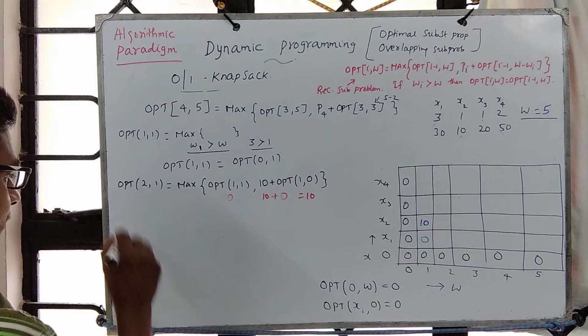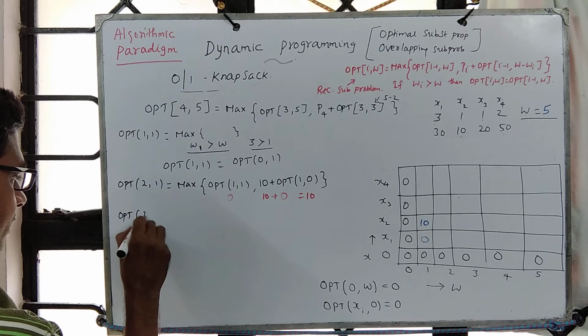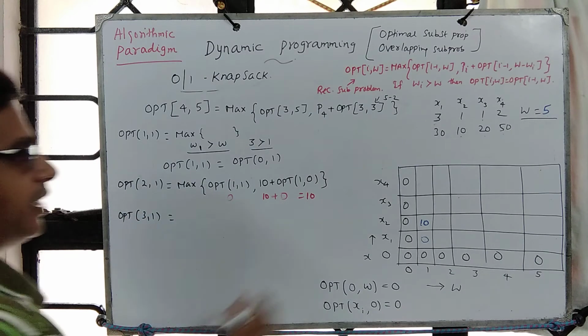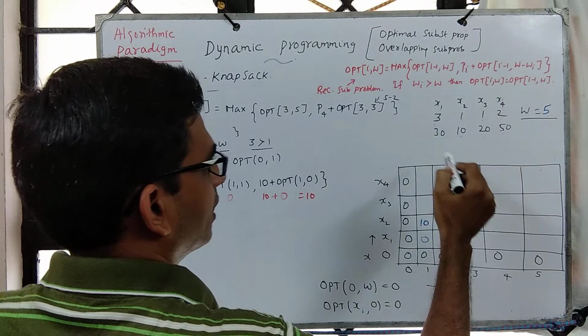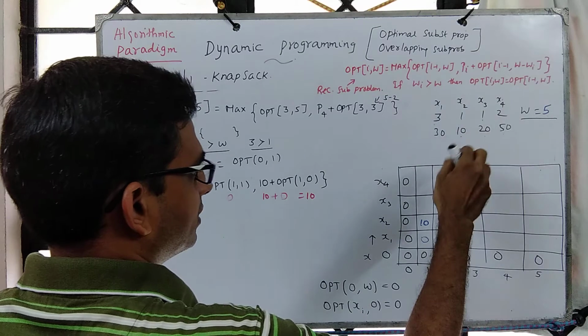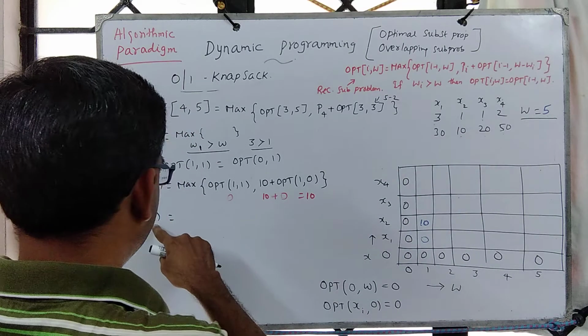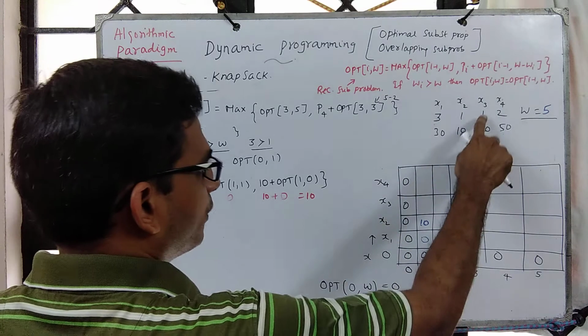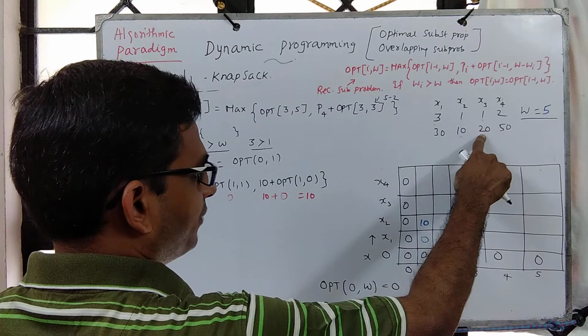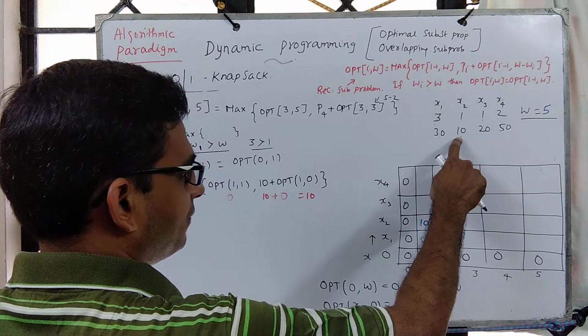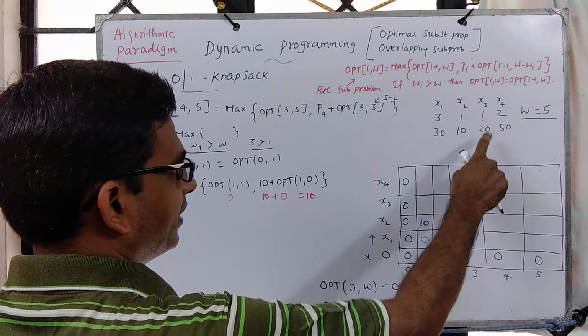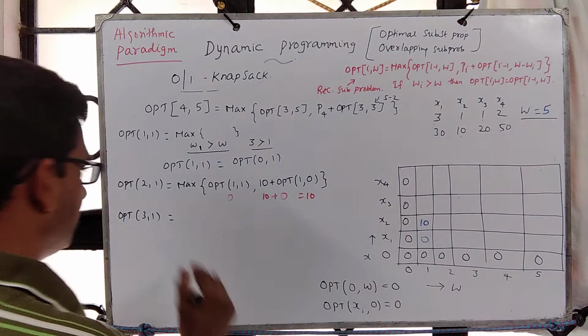Fine. So next we look at opt of 3 comma 1, and first three objects. With first three objects with local capacity being 1, if you include just this, we get a profit of 20. If you include this, we get a profit of 10. So max is 20, so we consider including this.